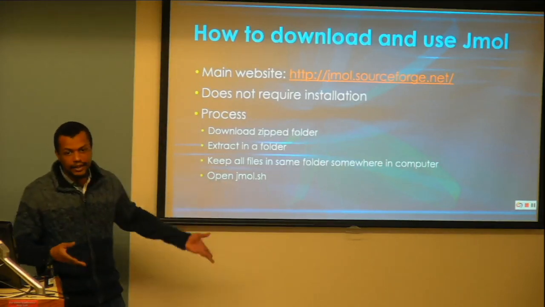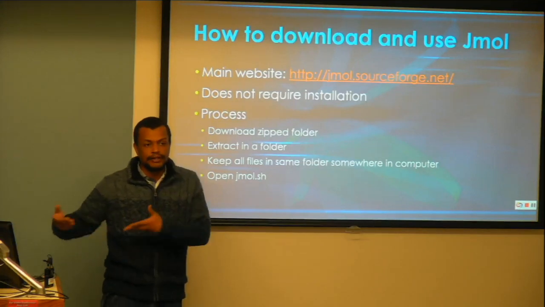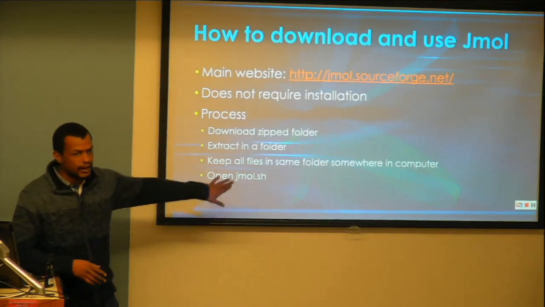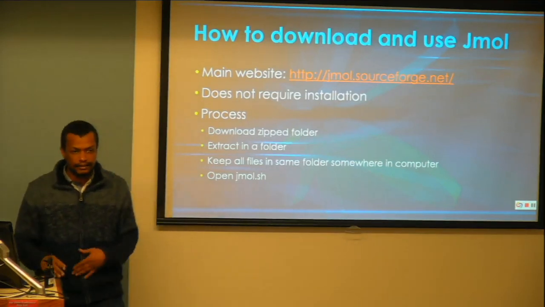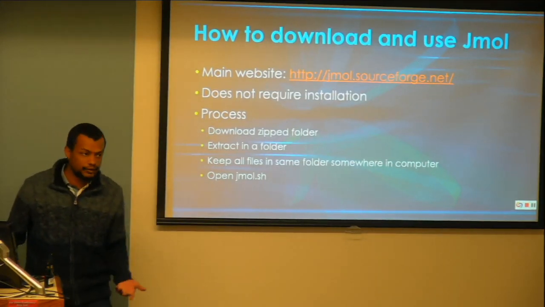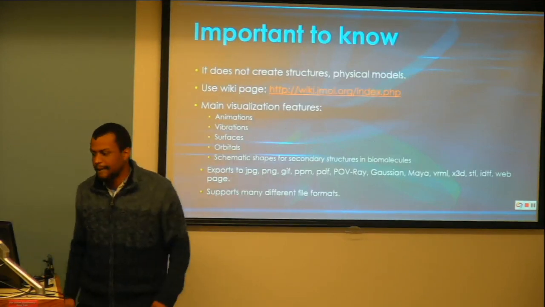Then we can choose the name of the file you want to open, if you want to open a specific file. But if you want to open just Jmol, Jmol.sh is going to open. So we have it already downloaded and ready to use, so we don't actually need to download it. In some cases, you maybe have to.